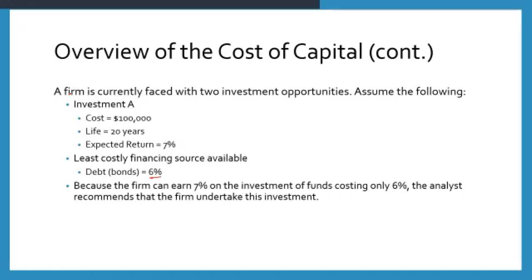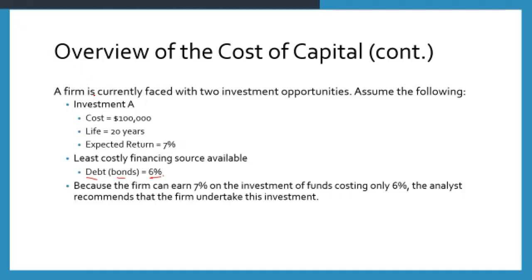So the firm can borrow debt or issue bonds at a 6% rate and invest in this investment for this cost, over this lifespan. Because the firm can earn 7% on the investment of the funds, but it's costing them 6%, the analyst recommends that the firm undertake this investment.